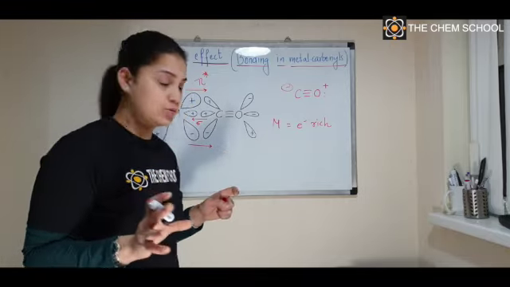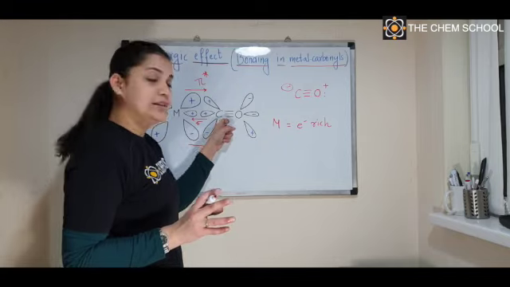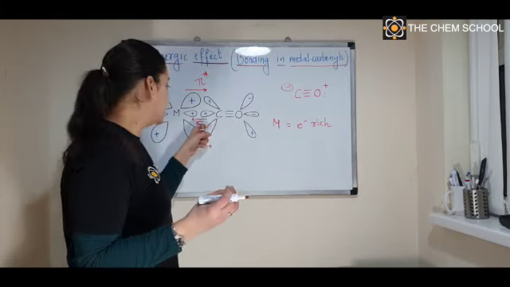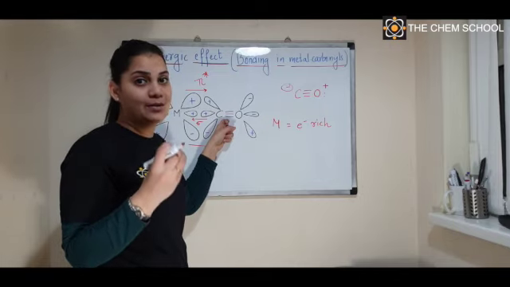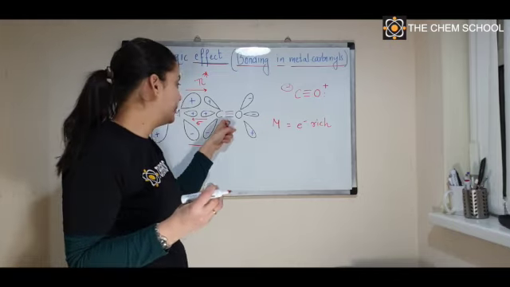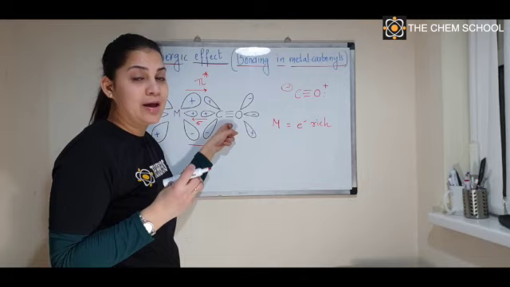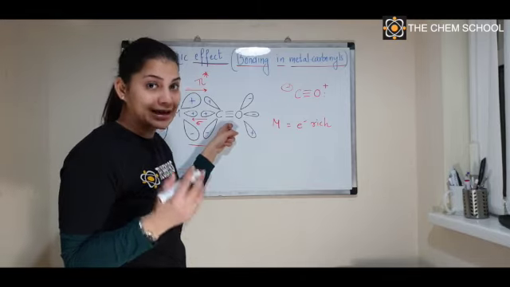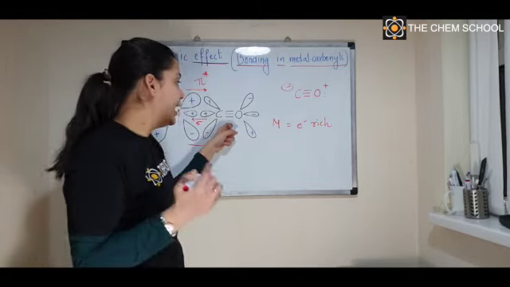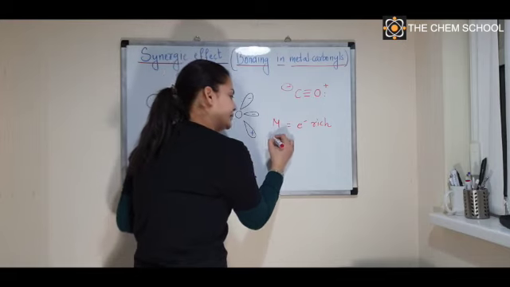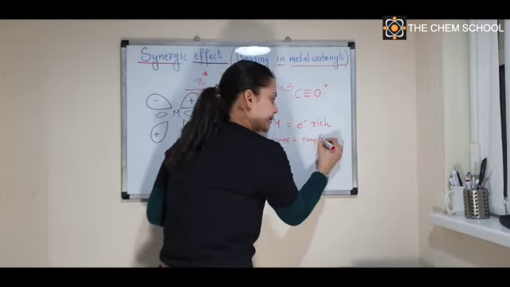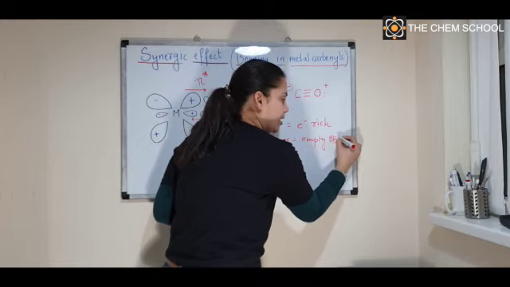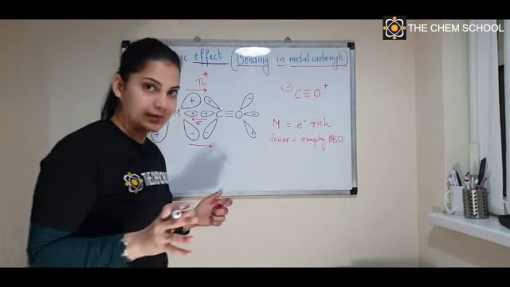The next one, the lone pair donor, which is forming the sigma bond, should have empty pi star antibonding orbitals. I repeat, the donor should have empty pi star orbitals. That is the second thing. So the donor should have empty anti-bonding orbitals. Is this clear?